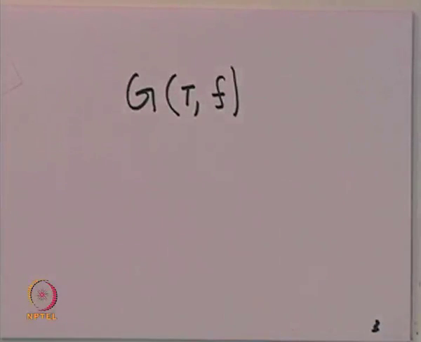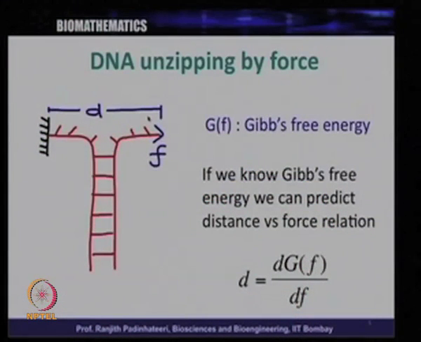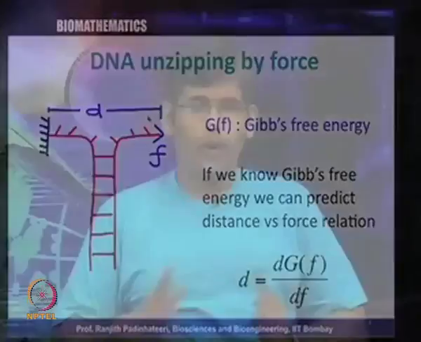You can measure the Gibbs free energy, and the value of the Gibbs free energy depends on the temperature of the system and what force you apply. So, in the case of unzipping, applying a force, you fix the temperature to, let us say, 300 Kelvin or 310 Kelvin, whatever you wish. You fix the temperature as a constant, then you vary the force, and then you can get the Gibbs free energy, G of F.